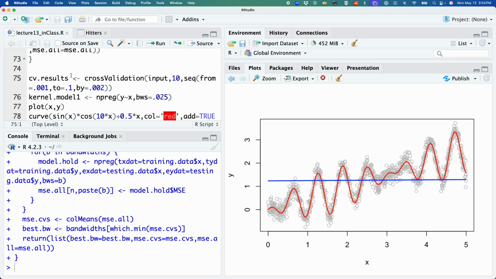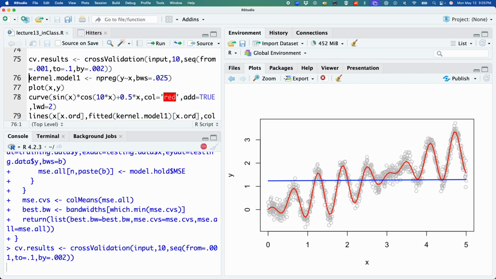And if I apply that here, on line 75, I can test a whole bunch of different bandwidth sizes, and then pick the best one, based on an out of sample mean squared error.